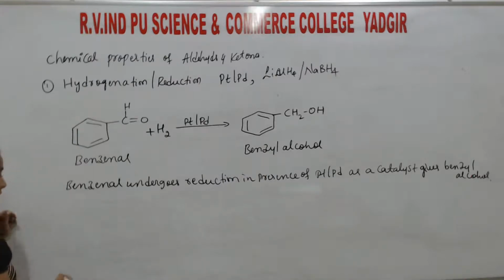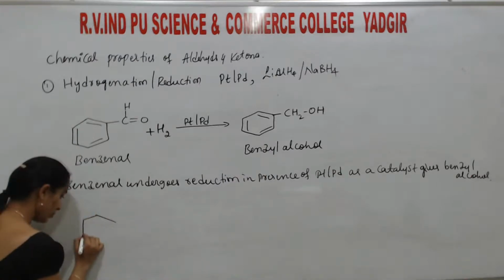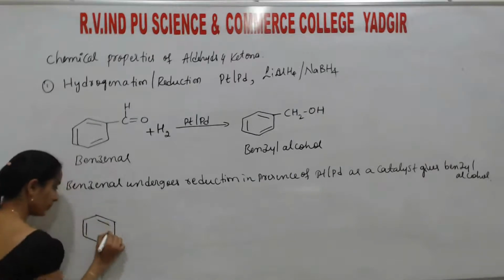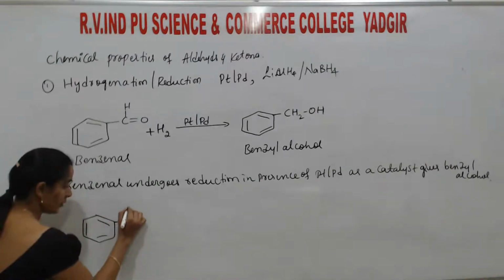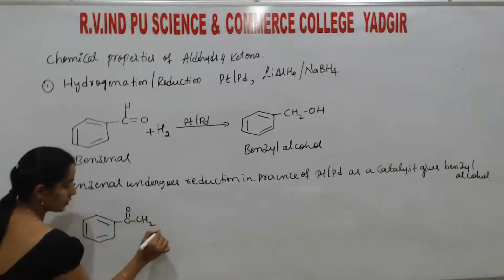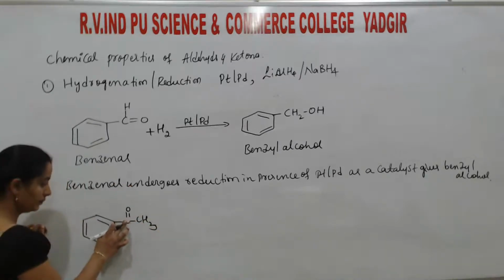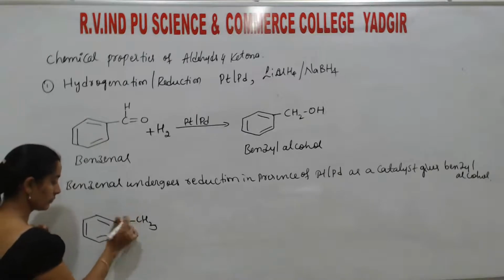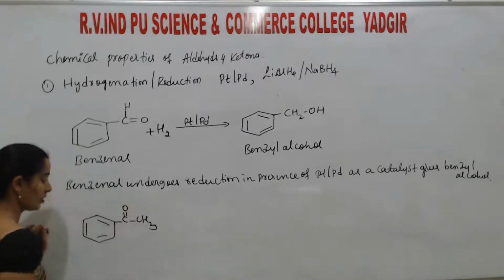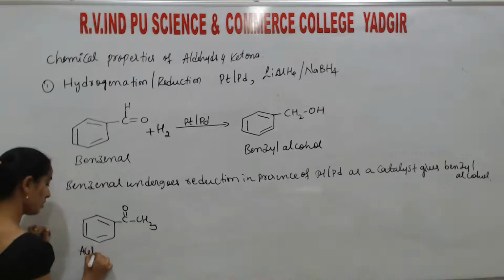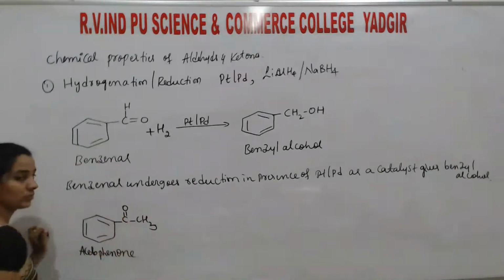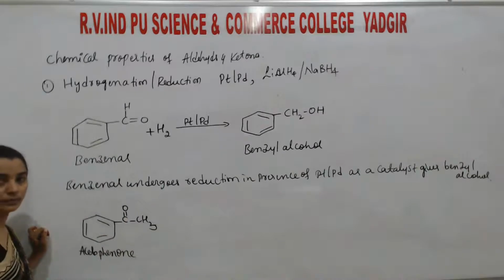Okay, so next I'll take the example of ketone. C double bond O, CH3. You may take it as acetophenone.